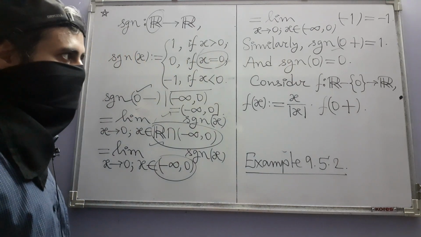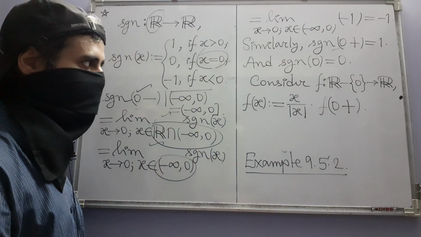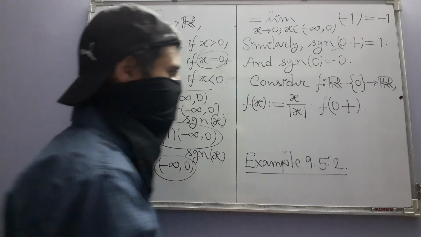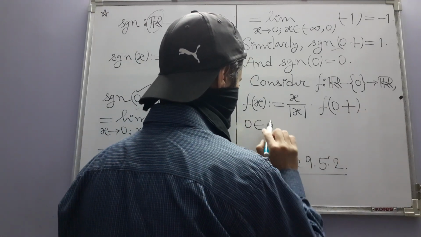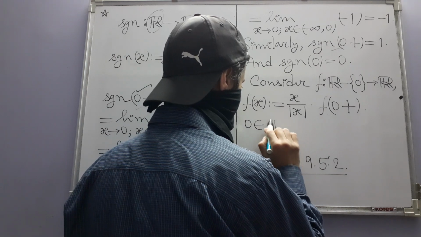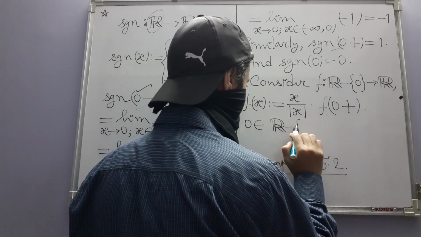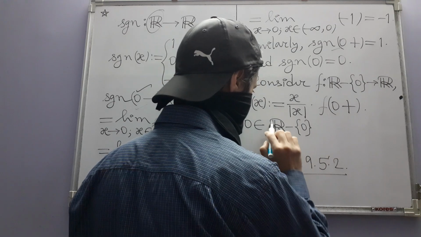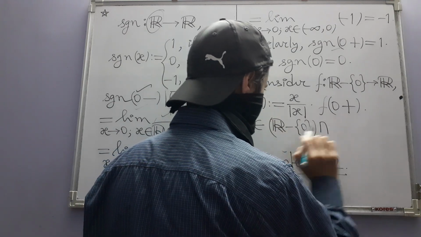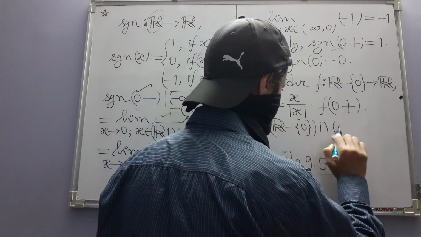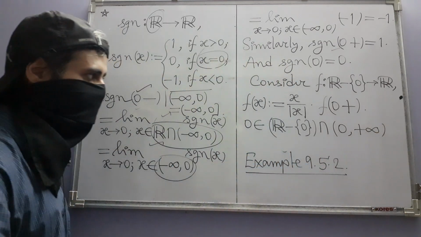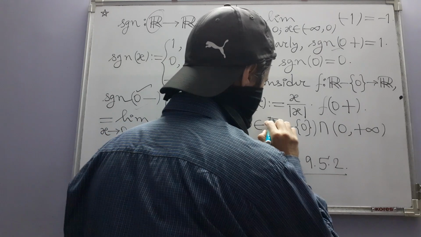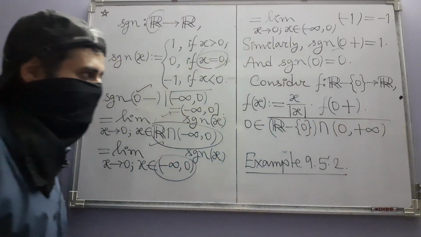We then want 0 to be an adherent point of what set in this case? This is our x intersection 0, plus infinity. 0 needs to be in the closure of this set.